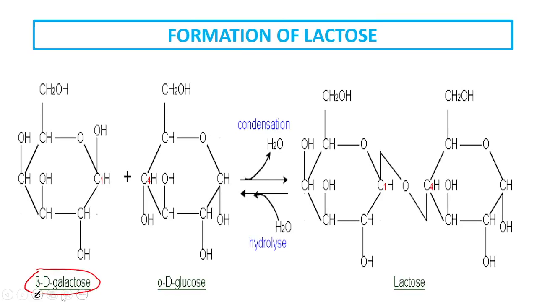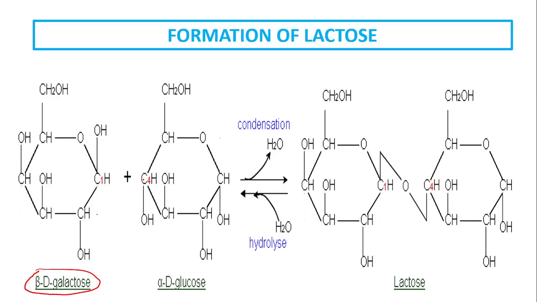Mostly it is beta D galactose and alpha D glucose. The bond exists between the first carbon of galactose and the fourth carbon of glucose.